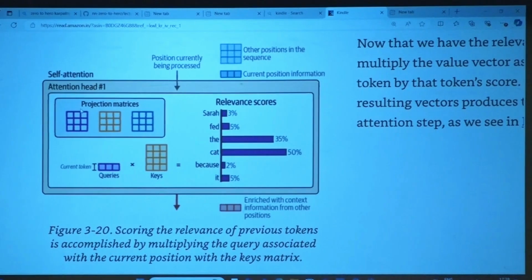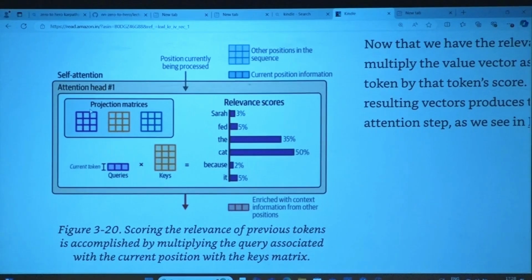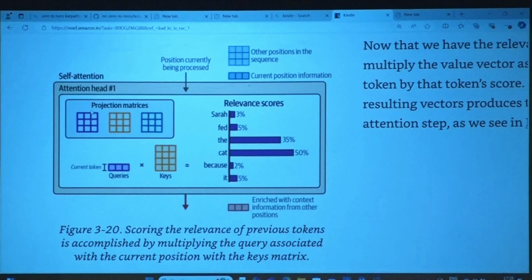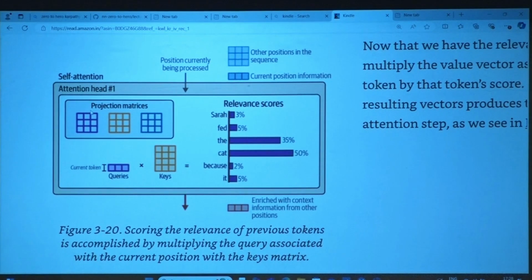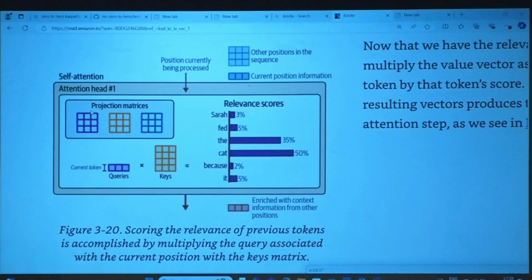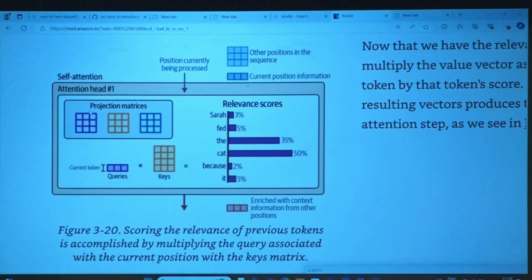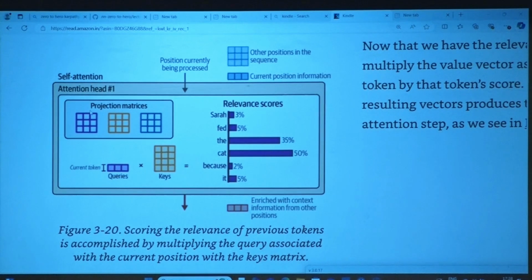The sentence is, Sara fed the cat because it. That is a sentence. Now, if you notice, the relevance scores of it with cat is very high. Now, the value which gets transferred is different, but the query is it. We are looking at the word it, let's say, and we are seeing how relevant is it to itself. We don't care.